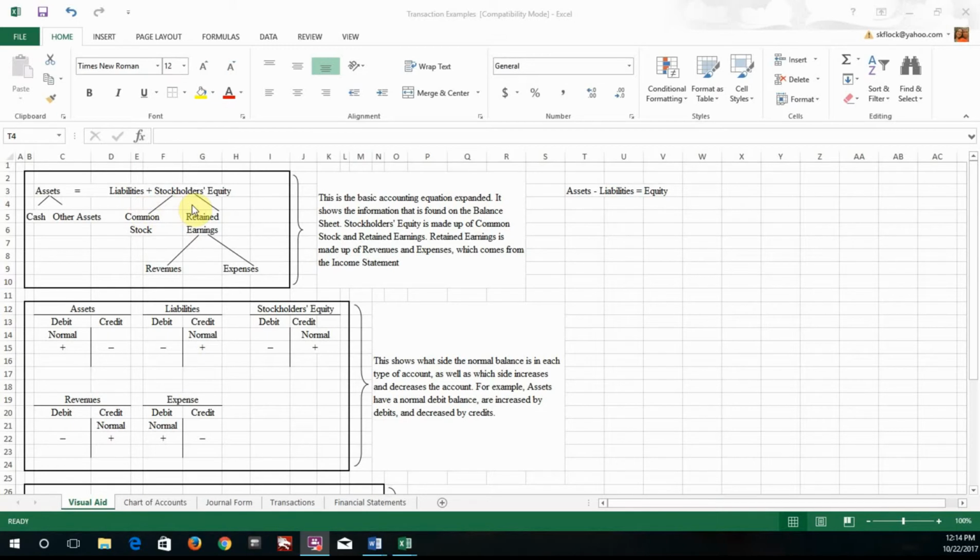But in order for an owner to be able to claim any equity from the business, the liabilities must be satisfied. So it's better to look at the equation as assets minus liabilities are equal to equity. Because if a business is going to liquidate, they're going to go out of business, you have to satisfy all of those liabilities before the owners can take any of the value of that company.